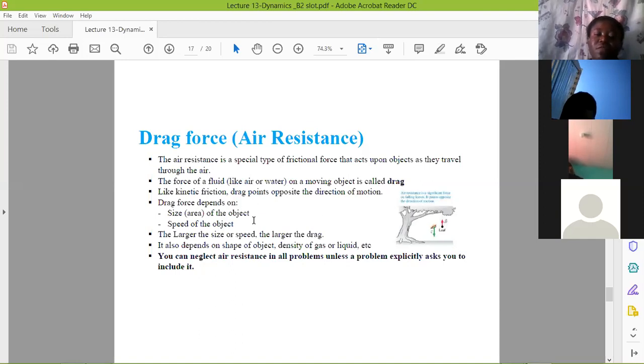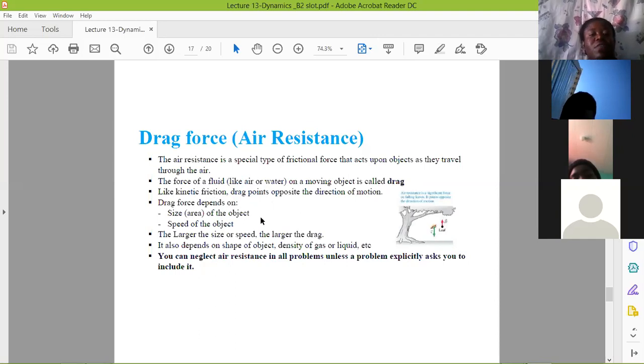So the force acts mostly on the fruit, and that is called a drag force or the air resistance. This one is the same as the friction force. It always opposes the direction of the motion.